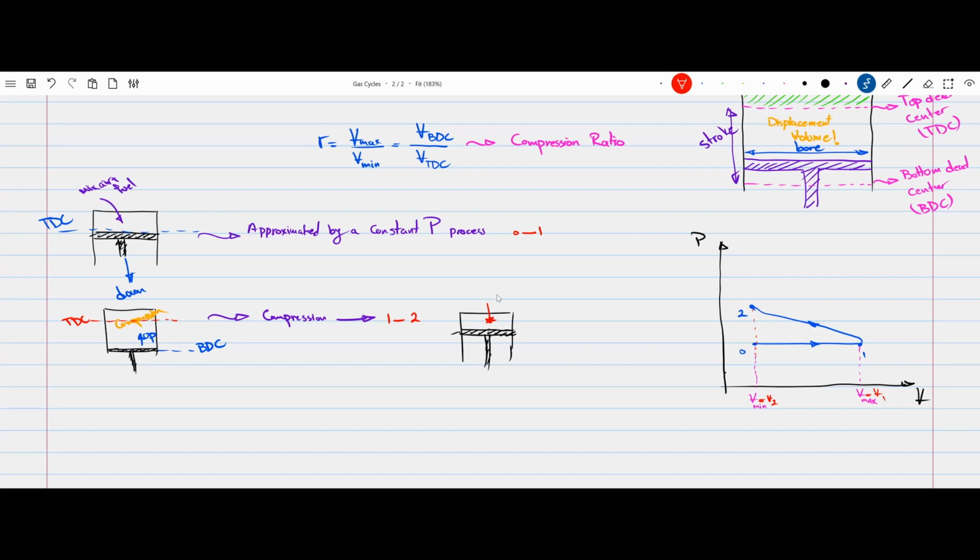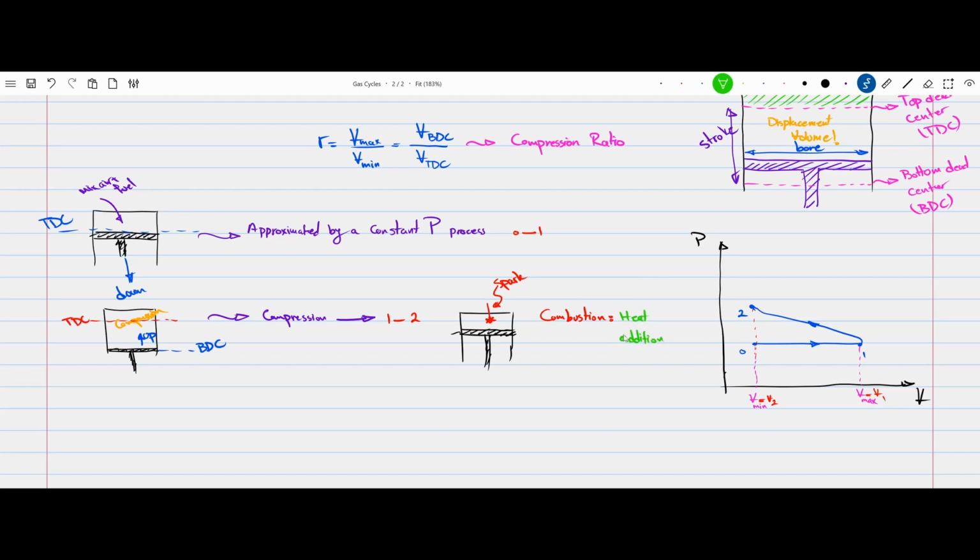Now, this combustion, so this is the spark, happens so fast that the piston has not yet got the chance to move down when the burning process is happening. So this burning process, or combustion process, with our assumptions, we are not going to go through the chemical reaction, but we are going to model it as a heat addition, right?